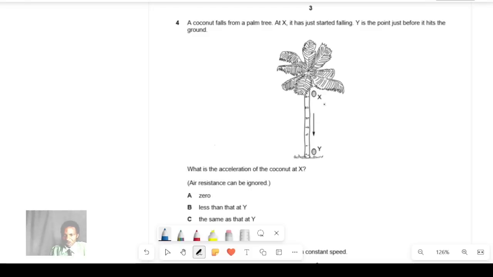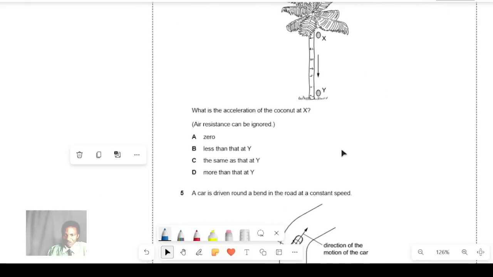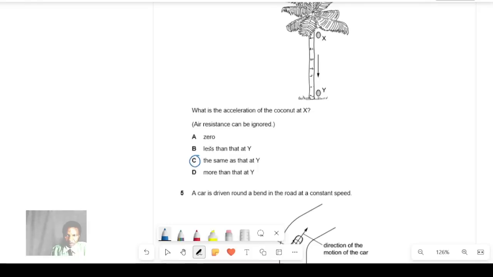The acceleration of the coconut at S is always constant, so it's going to be 9.8 meters per second squared. At the point that it starts falling, the acceleration on it is the same as the acceleration at the point Y.